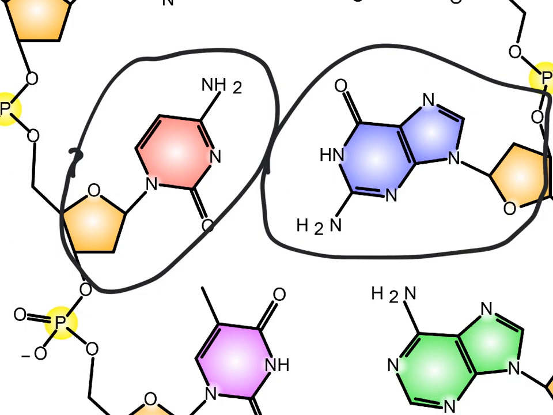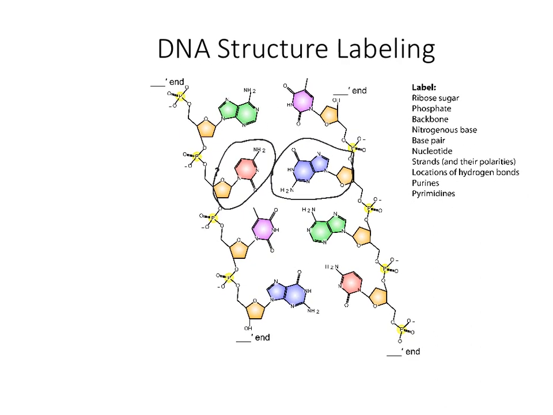So if I zoom out, which direction do the backbones of the two strands of DNA run? This is a molecule of DNA. There are two strands. So I'm just asking, one of the questions is backbone. What's the backbone of DNA?